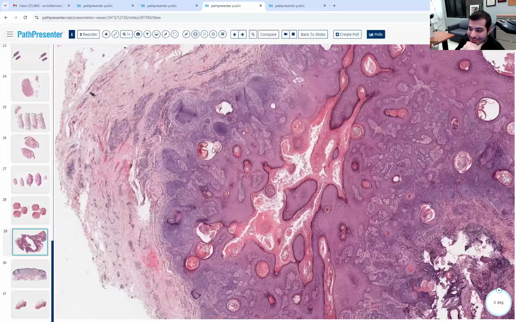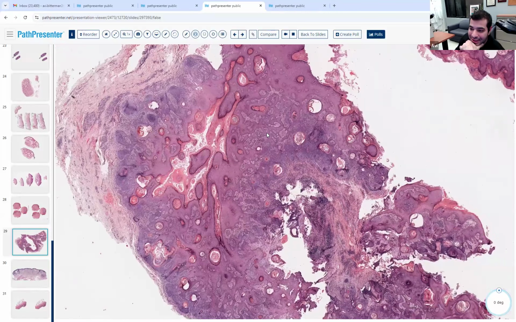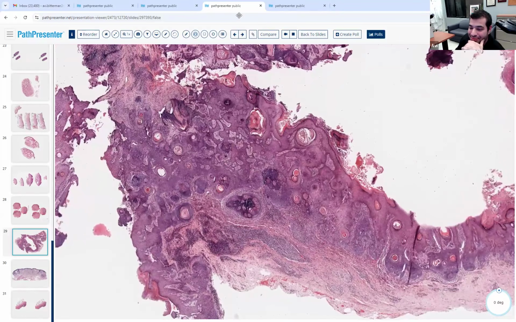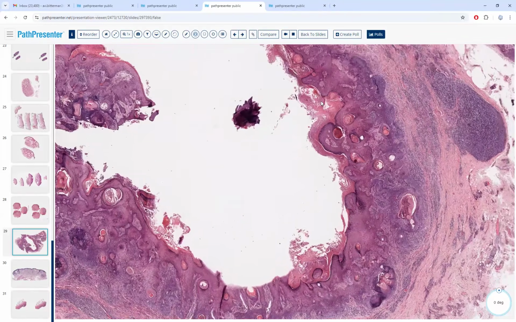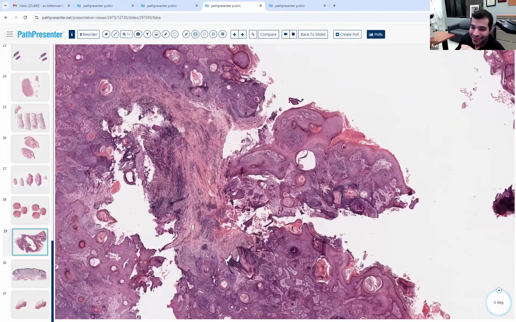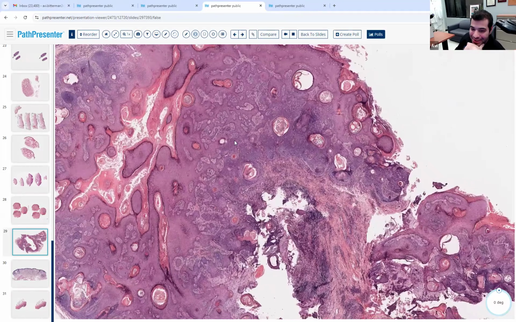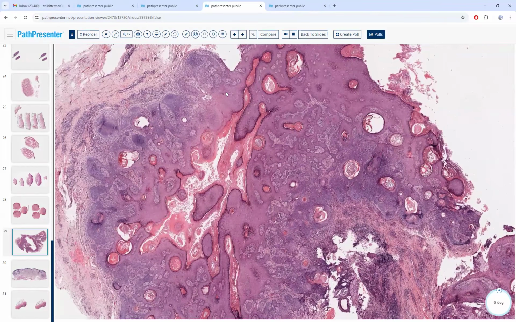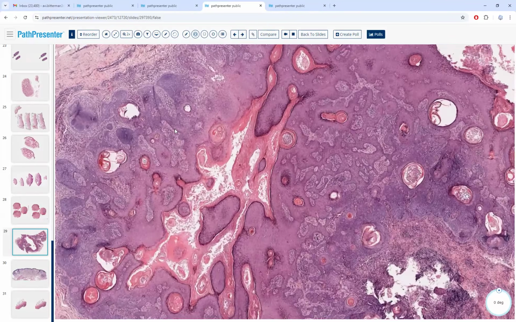What about this thing? Now this thing is clearly what type of neoplasm? What kind of category are we in? Follicular. Good. Definitely follicular. What made you say follicular? It's a lot of keratinizing material.